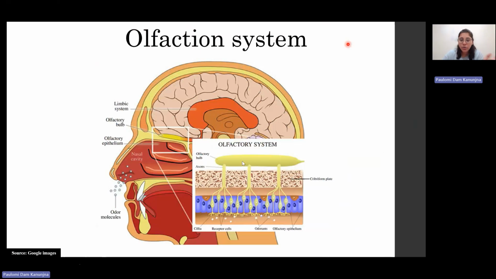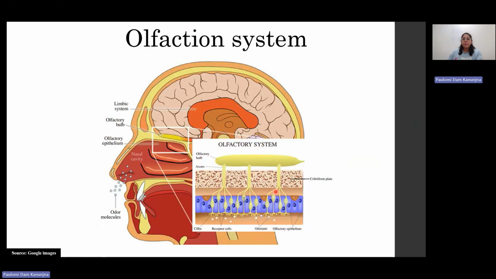That's why in this figure you have the olfactory bulb, epithelium, these odor molecules, and then inside you have the axons, the odorants, the receptors. Ultimately they have the axons, so the neurons get activated and pass this information ahead, right?